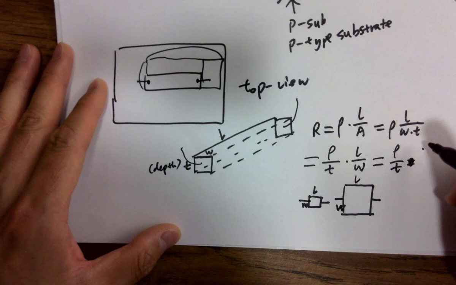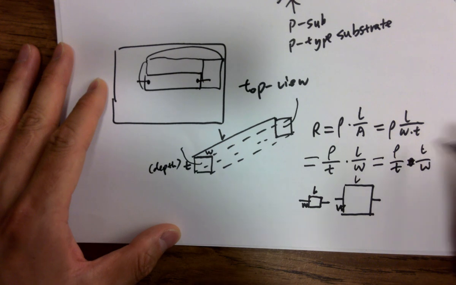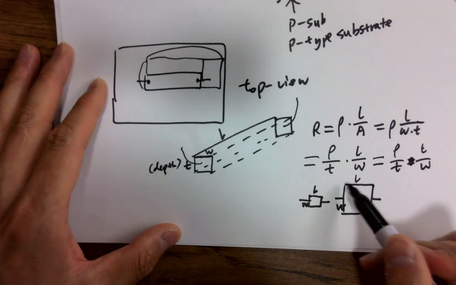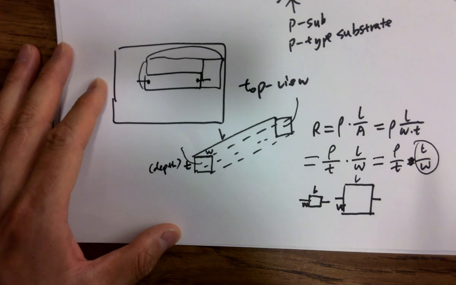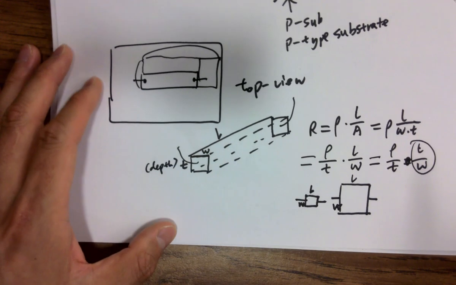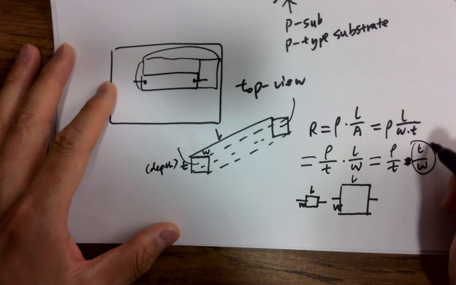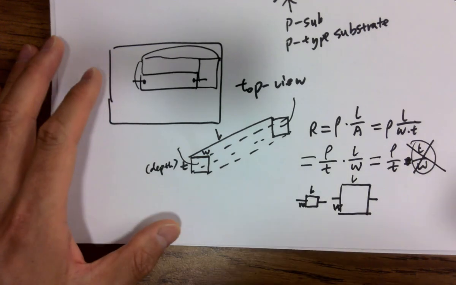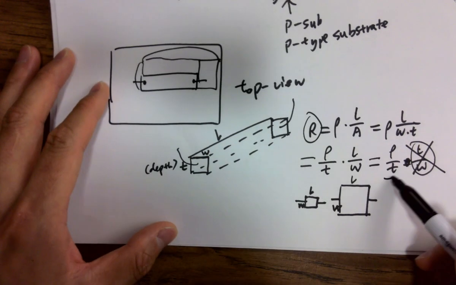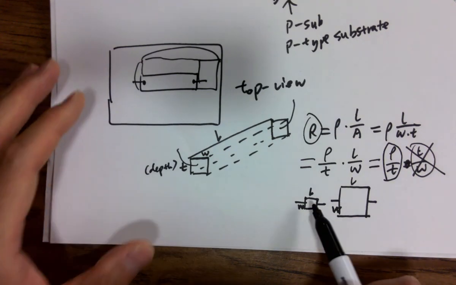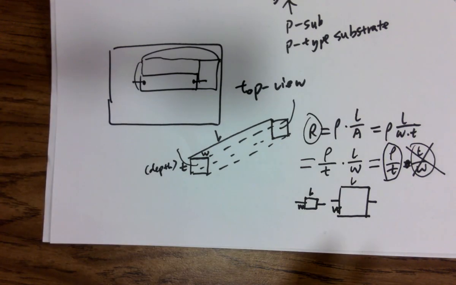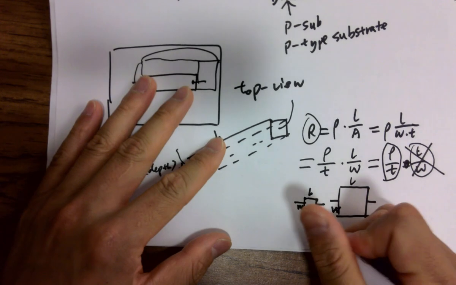So L over W is the same ratio, the length and width are the same. So this equals what? That's just 1. So it's gone. So R equals what? Two constants. So little squares, bigger squares, they have the same what? Resistance.